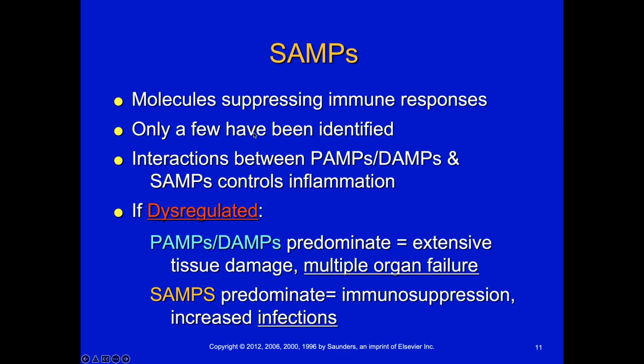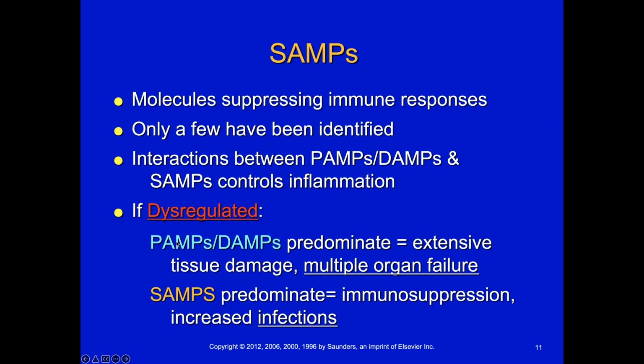Only very few have been identified, and there's a lot of research going on in this field to identify more. And it's the interaction between the PAMPs and the DAMPs, and then the SAMPs, which will control the inflammatory response. The problem is if this control is lost and the system becomes dysregulated.